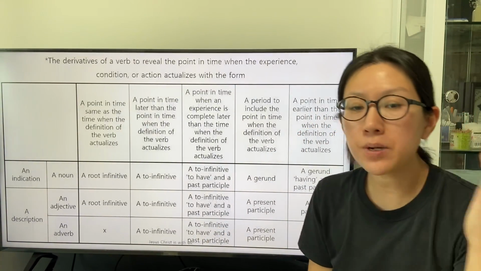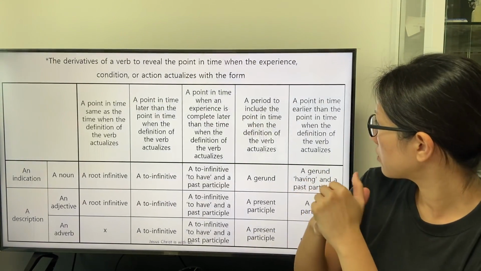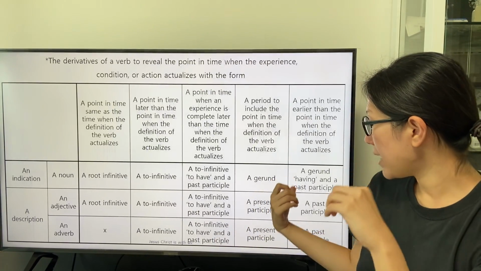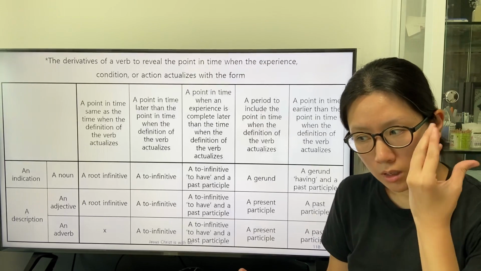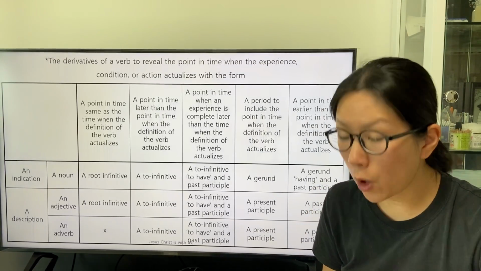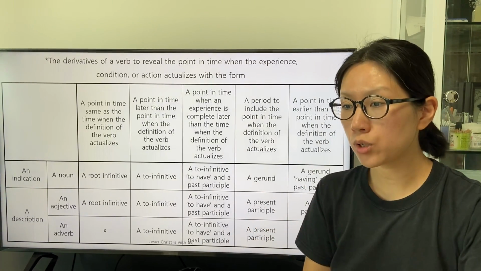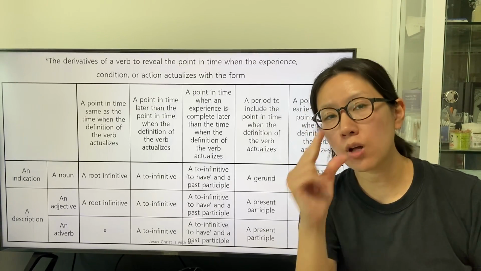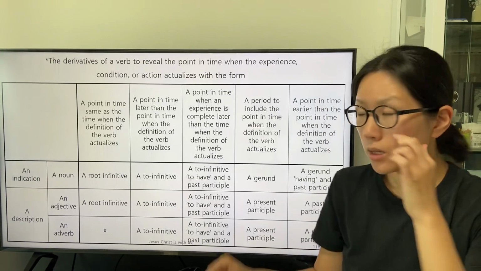From this perspective, we can understand that the application of the past participle is suitable to describe the object to complete the subject-object relationship with time.